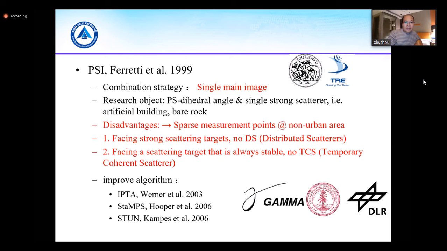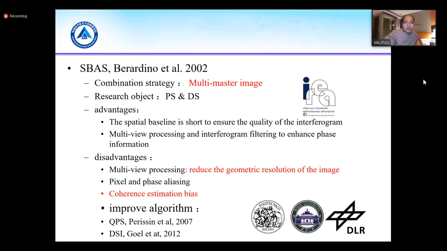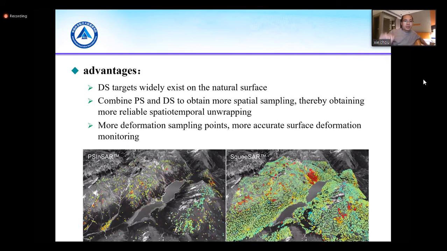PSI was first presented by Ferretti, and the small baseline method was first presented by Berardino in 2002. DS, distributed scatterers, can be widely found on the natural surface.